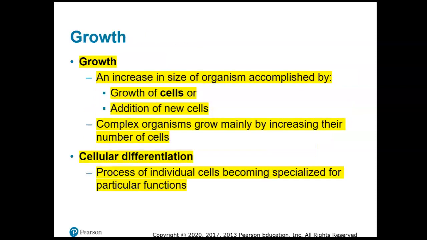change in the environment. Growth can mean getting larger. And that can happen by the actual body cells getting larger or dividing and creating new cells. So most of the time when we grow larger, it's because our cells are dividing and we're increasing our number of cells. Another thing that happens during growth is cellular differentiation. When we are formed, the very first cell that becomes us is called a zygote.